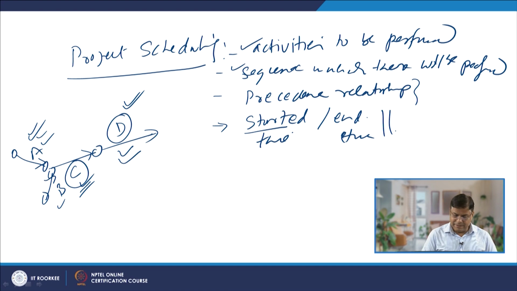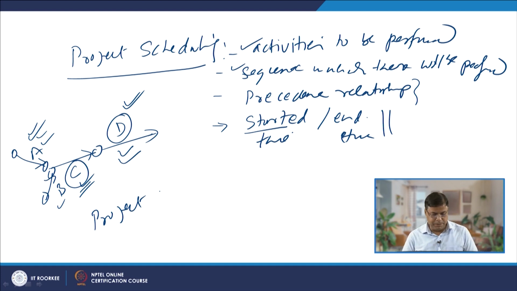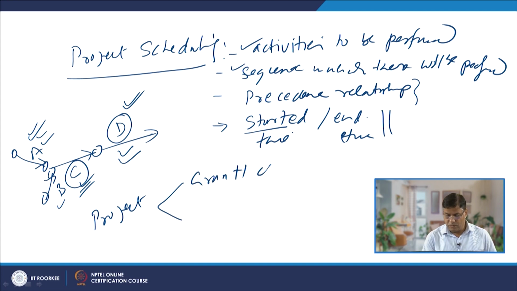There are certain techniques used for effective management of the project, so that the different activities required for completion of the project are done in a timely manner or within the stipulated period. There are certain techniques for managing a project, like the Gantt chart was one, and then network modeling is another approach.